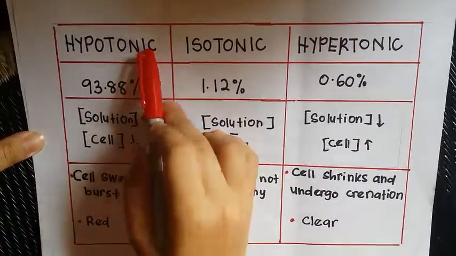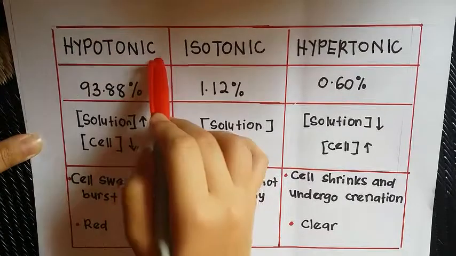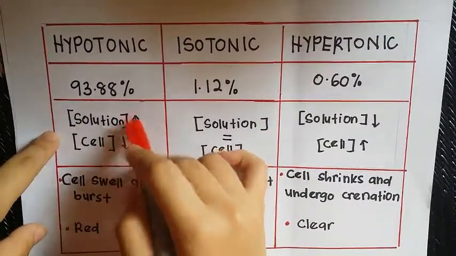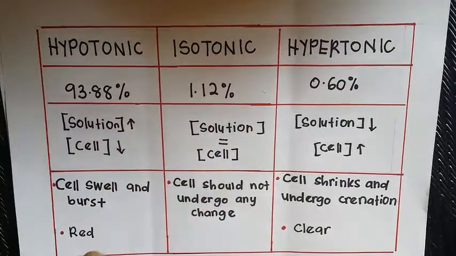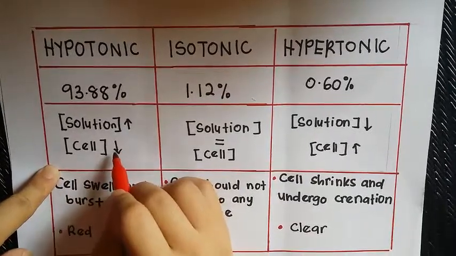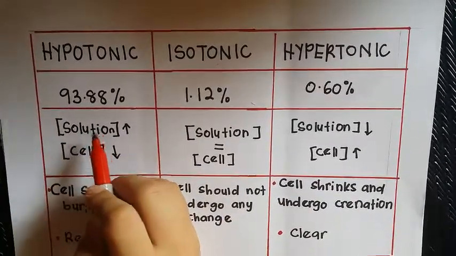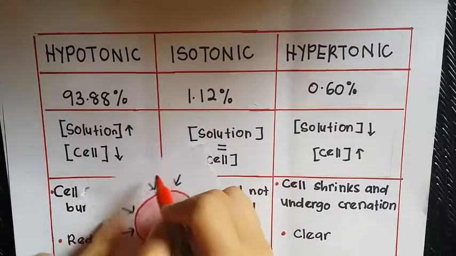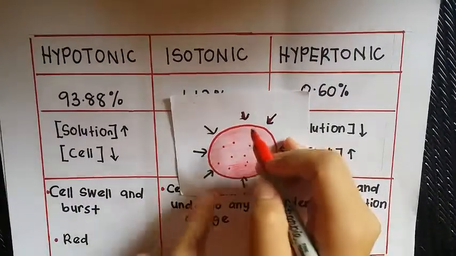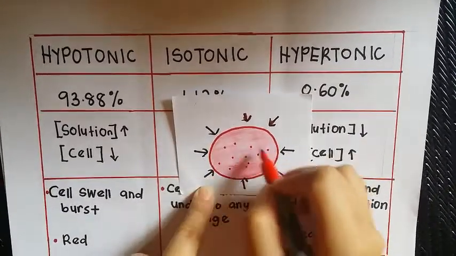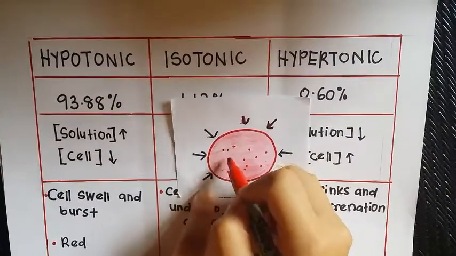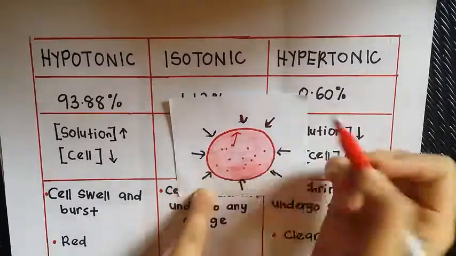Hypotonic means that the water concentration in the solution is higher and the water concentration in the cell is lower, so water from the extracellular fluid will move into the cell and cause the cell to swell and burst. The hemoglobin in the red blood cell, or erythrocyte, will move outside into the solution to form a red color.